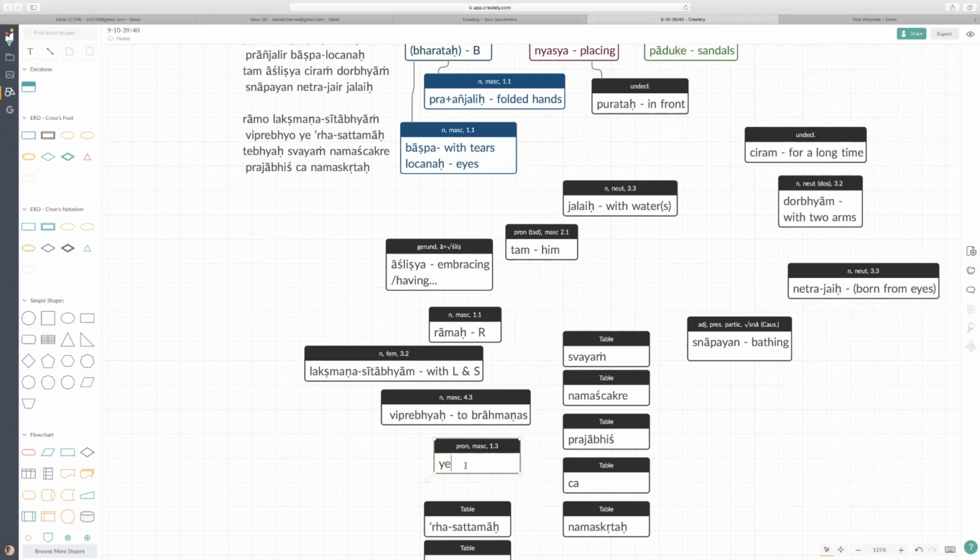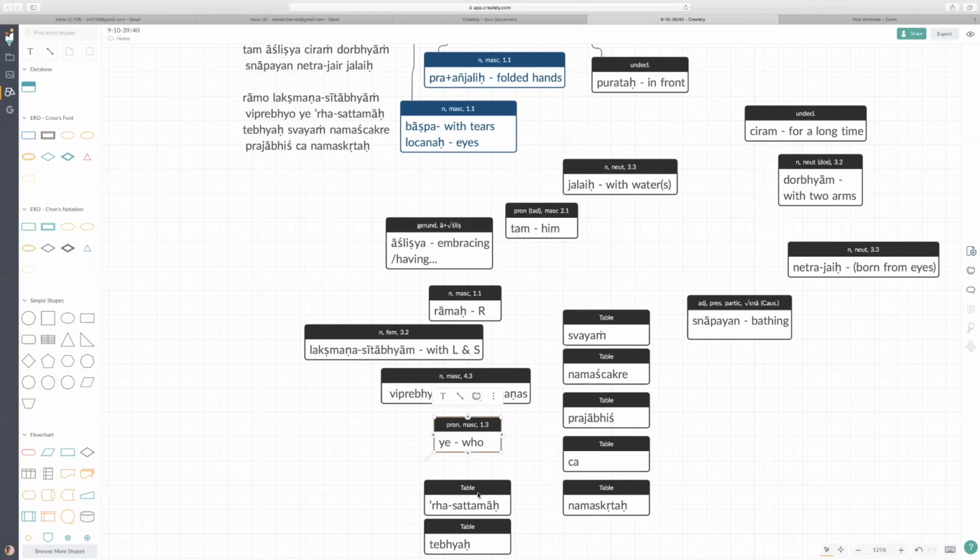So, ye, who, all, meaning plural. Okay, and then yer hasattamaha. So noun masculine 1.3. And what is this apostrophe hiding? Omitted.